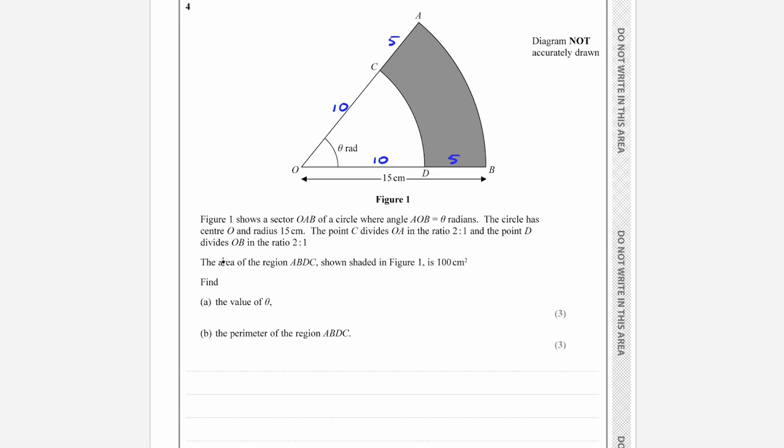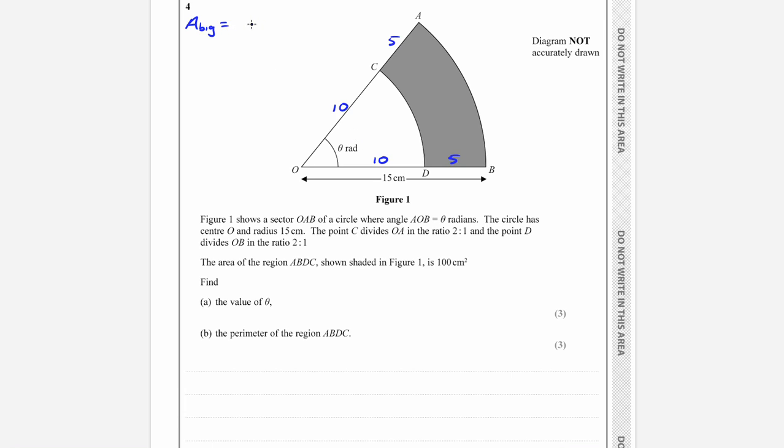The area of the shaded region is 100. Find the value of theta. So this area, guys, is the area of this sector minus the area of this sector. I'm going to do it up here so we can see everything. Area of the big sector, we're in radians now, guys.